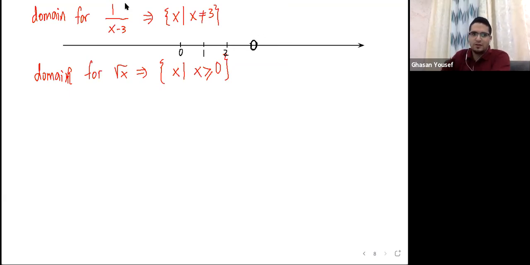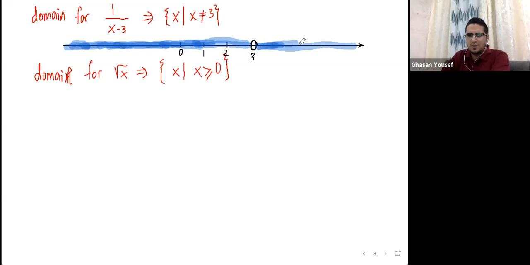So the domain is all numbers except the number 3.